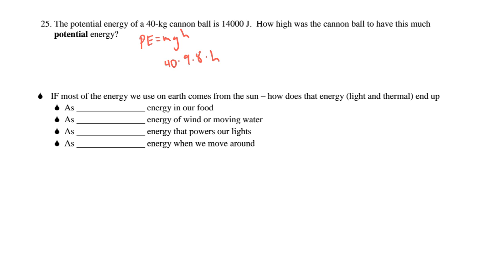We don't know the height, but we know the potential energy is 14,000 joules. So let's do the 40 times the 9.8 and then do the 14,000 divided by that. So 14,000 divided by, in parentheses, 40 times 9.8. And we get a height of 35.7 meters.